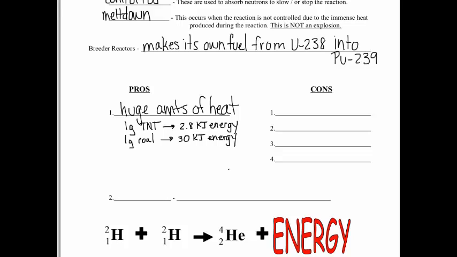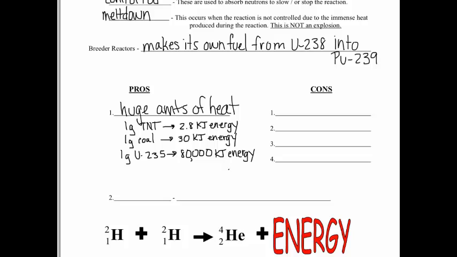But if I had 1 gram of uranium-235 and I used it in a nuclear reactor, I would get not 80, not 800, not 8,000, but 80,000 kilojoules of heat energy.